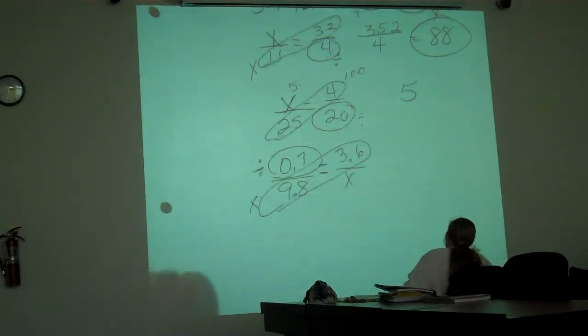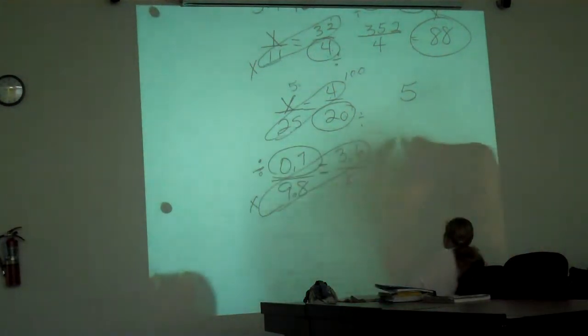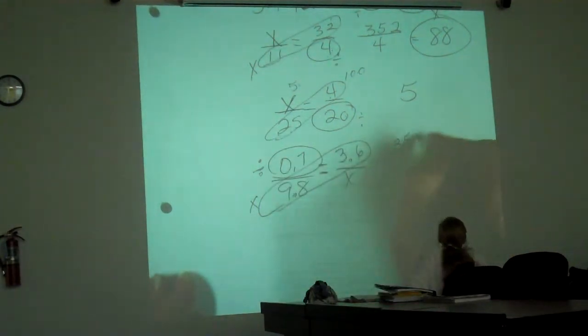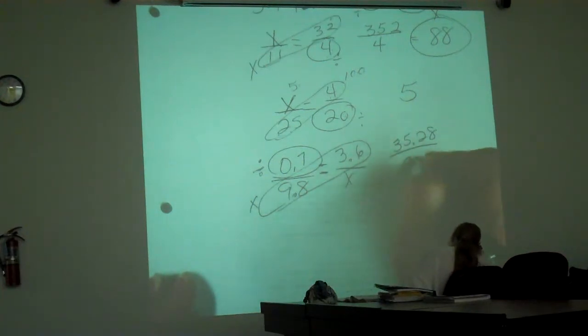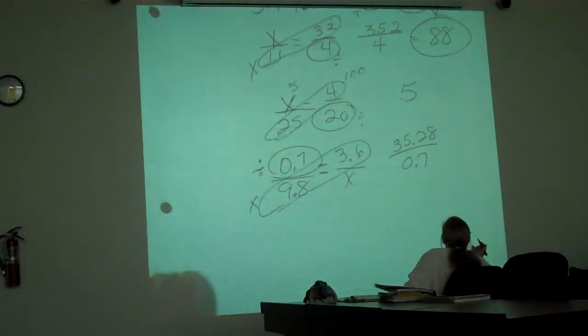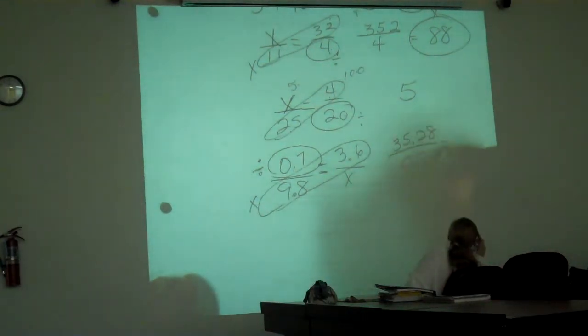So 9.8 times 3.6 is 35.28. Divide that by 0.7. You get 50.4. Is that what you got?